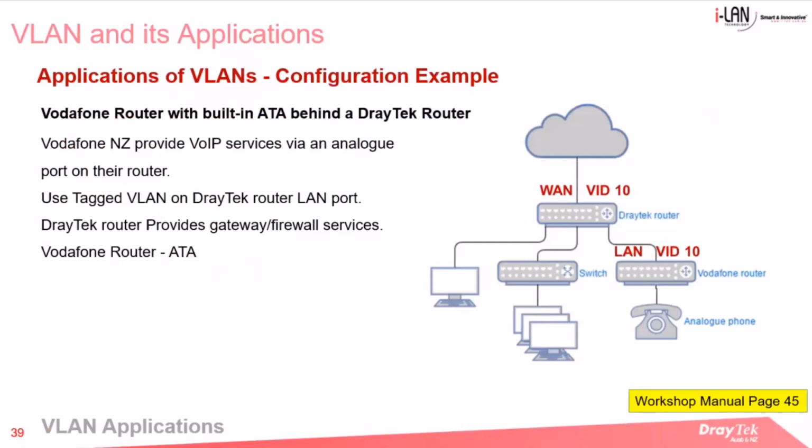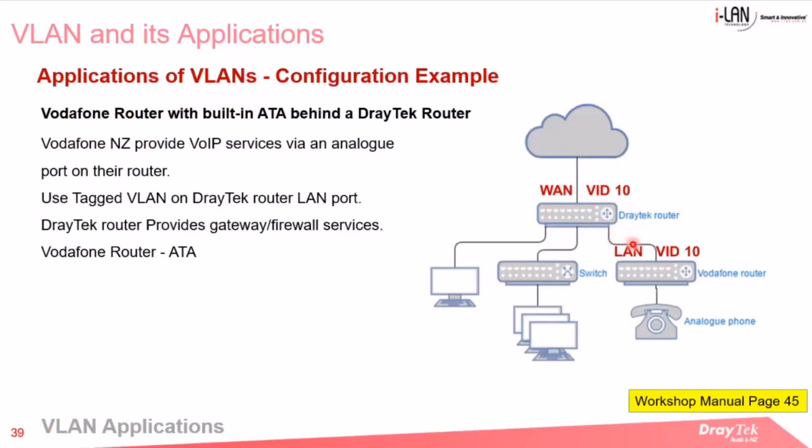So in a situation like this, you will see there are two routers in line. You can see the DrayTek router in the front, which provides the internet connection for the entire network behind it. Then a VLAN tag of 10 is assigned on the WAN side for the internet connection.